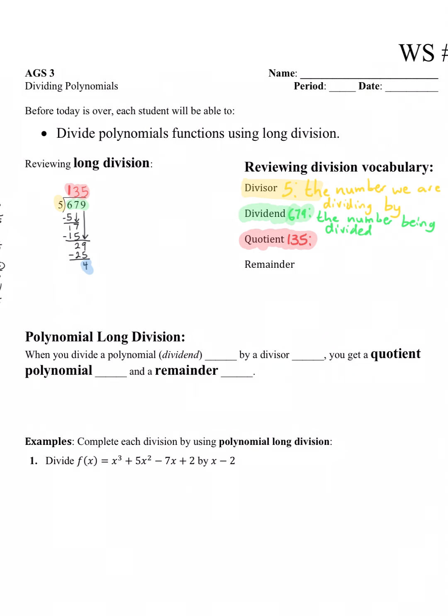That happens to be the solution on top of the division bar. And finally, we have the remainder, which in this case was the number 4. And the remainder is the part left over that cannot be divided evenly.